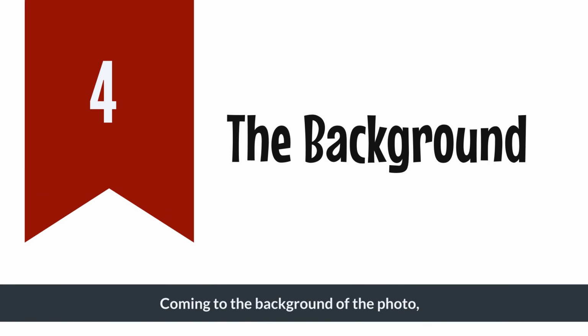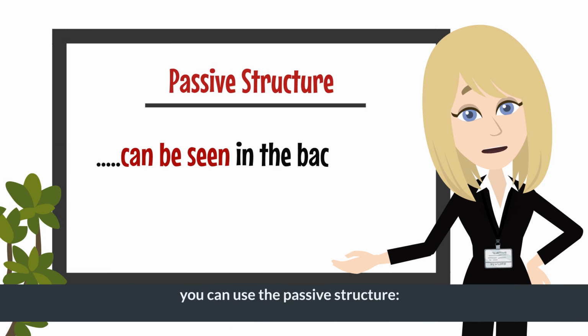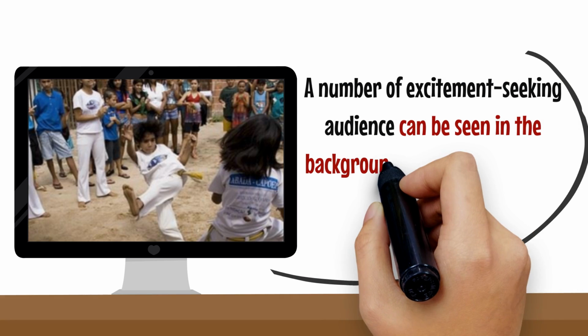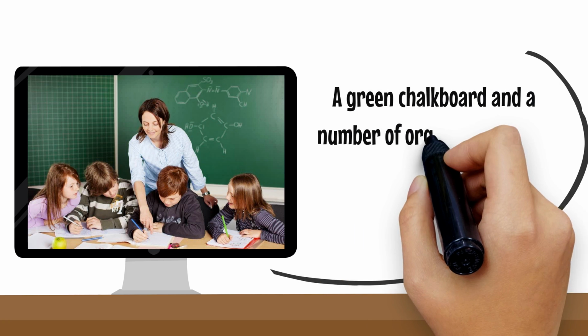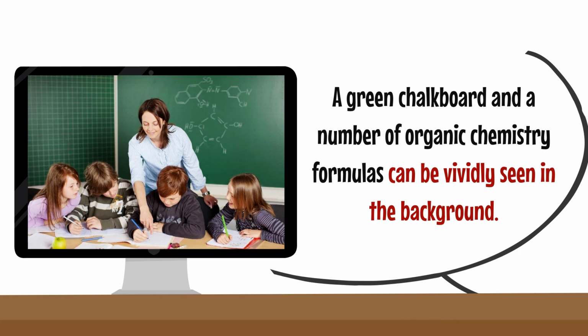Coming to the background of the photo, you can use the passive structure can be seen in the background. For example, a number of excitement seeking audience can be seen in the background, waiting impatiently to see who would win the fight. A green chalkboard and a number of organic chemistry formulas can be vividly seen in the background.